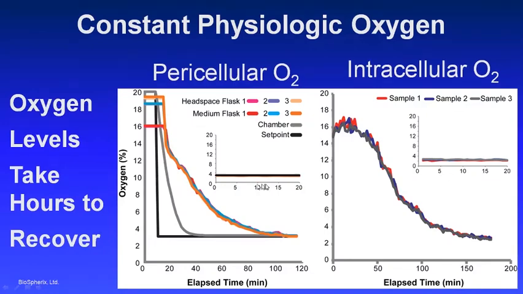And the intracellular oxygen level, we assayed this using Agilent's intracellular oxygen assay. And the pericellular oxygen over here we did with a simple immersion probe, but the intracellular oxygen we did with their plate reader based intracellular oxygen assay.